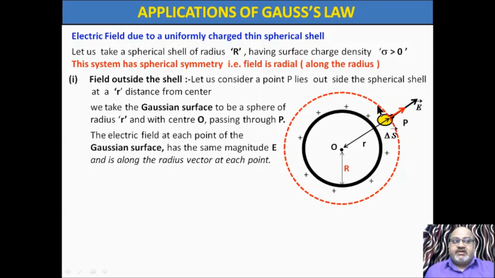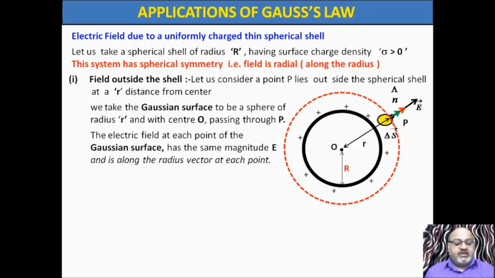And you know this electric field intensity will be the same at each and every point in magnitude. So magnitude-wise, electric field intensity is uniform over this Gaussian surface. And direction of electric field is along the radius, because this is a spherical symmetry. So this is the setup of the question.